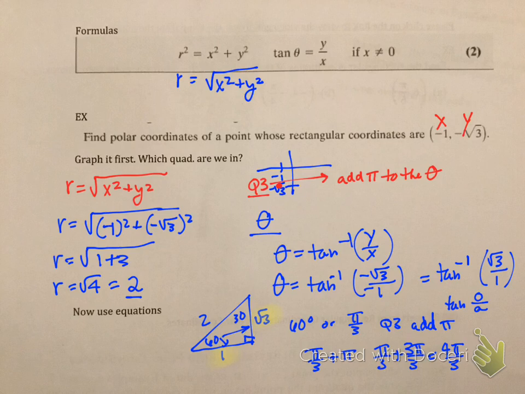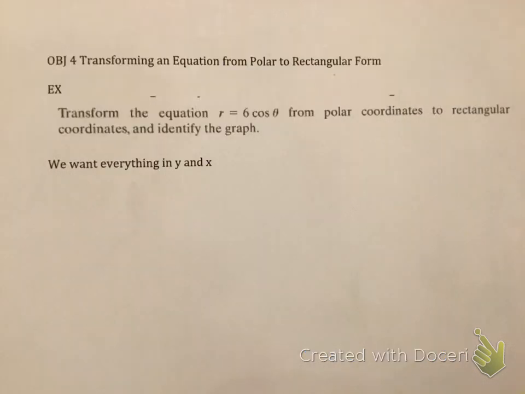So what is my coordinate point? I have to put these pieces together. Remember, in polar, it's r comma theta. So the radius is 2, and theta we just found out to be 4 pi over 3. So it doesn't matter what quadrant you are in initially, as long as you know the quadrant, you can answer the question.